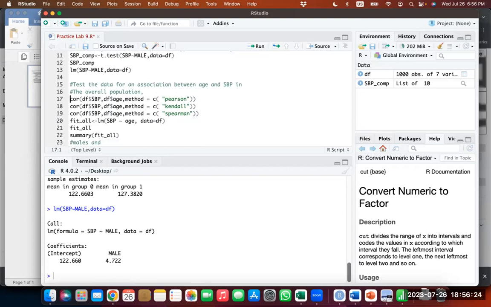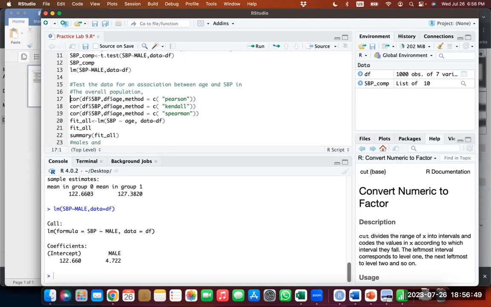So now going to line 17, the first ask is to calculate the association between age and systolic blood pressure in the overall population. R gives you three different ways to quantify a correlation coefficient. I'm not going to go deep into what these three methods are.